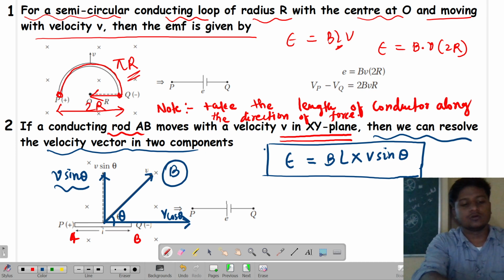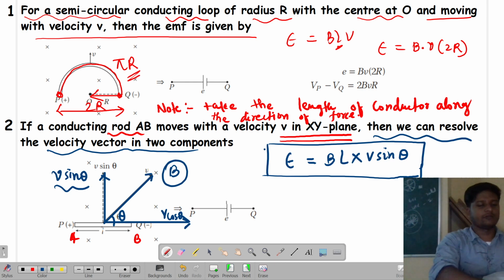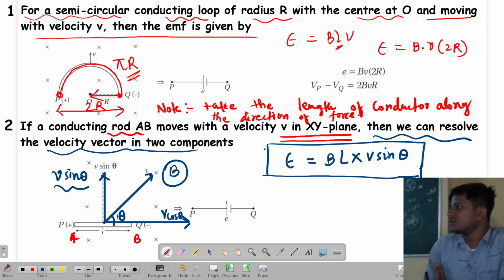Now, if someone asks you, what is the net value of EMF due to that cos theta component? What will that be? Tell me. Is it going to be 0 or not? Look over here. Due to V cos theta, try to understand. What is the angle between velocity and the force over here? 0 degree or not? Yes or no? Between the length of the conductor and V, how much is it? 0 degree. Now, if you take it, it is V cross B. Got it or not?